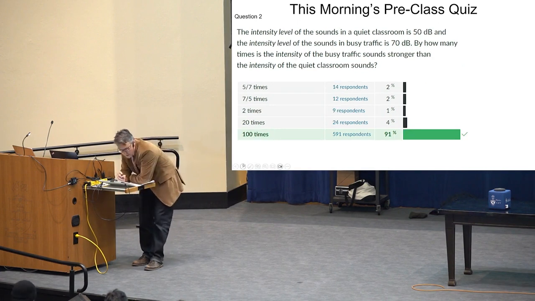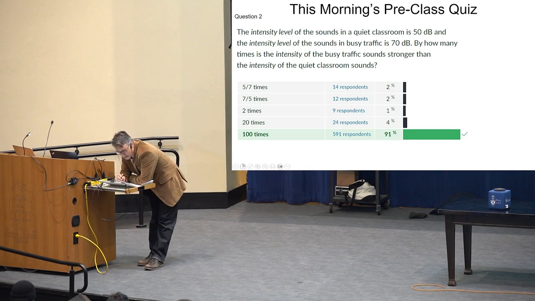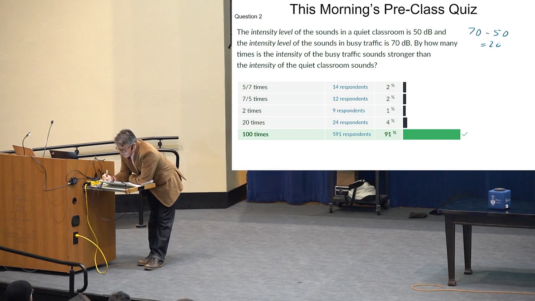Okay, next question was, intensity level of sounds in a quiet classroom is 50, whereas traffic is 70. By how many times is the intensity greater? So that's another thing: 70 minus 50 is 20, which is equal to 10 plus 10. This is 2 additive steps in decibels.